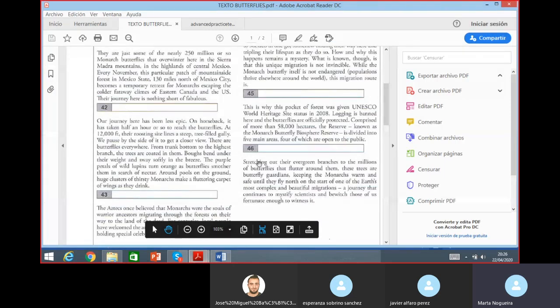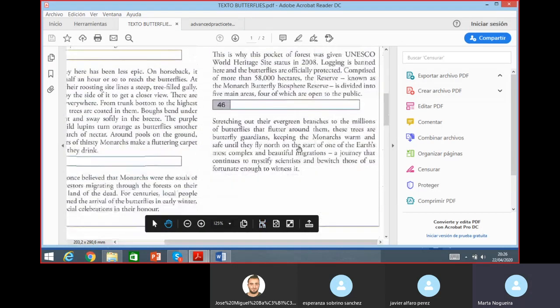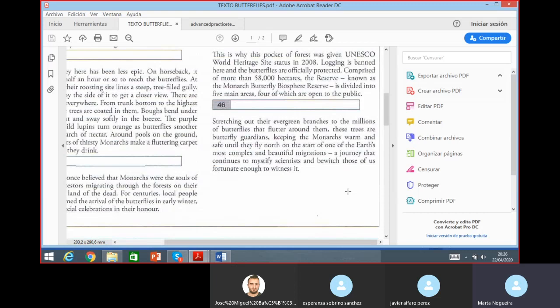So stretching out is as if you had a stretching. Stretching, extendiendo, stretching out there. Sus branches, sus ramas, evergreen, perenne. Well, you have the text. Stretching, extender. Evergreen, perenne. Hemos dicho que branches era lo mismo que buff, que eran ramas.